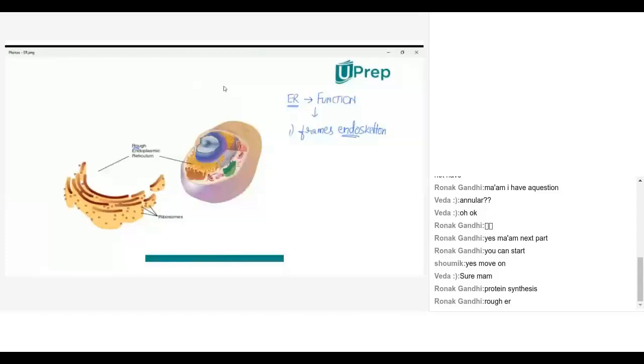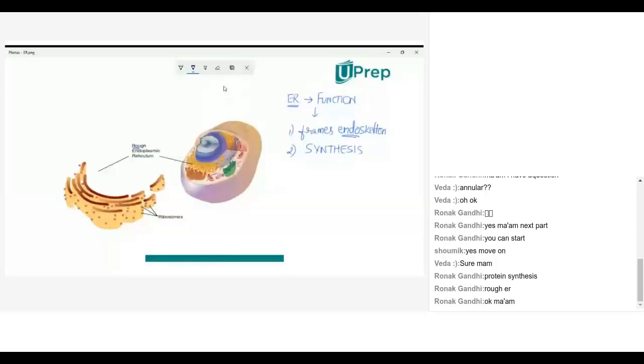Then the second function: the endoplasmic reticulum helps in synthesis. Not only protein, synthesis of various other biomolecules also happens. We'll see in detail. So here, synthesis of different biomolecules.